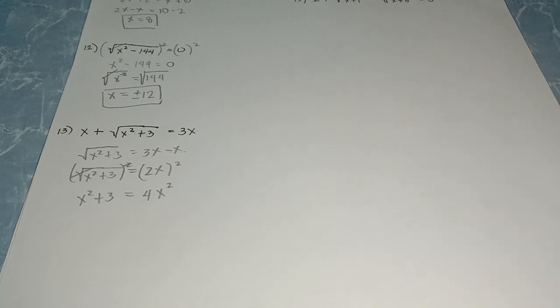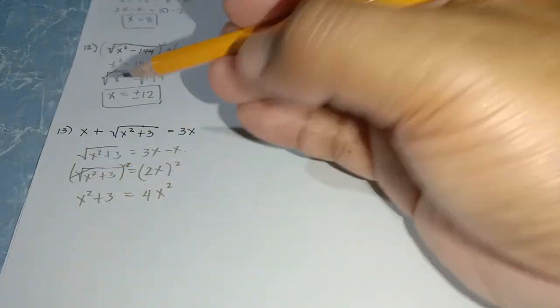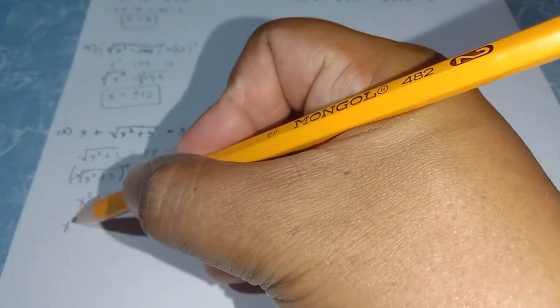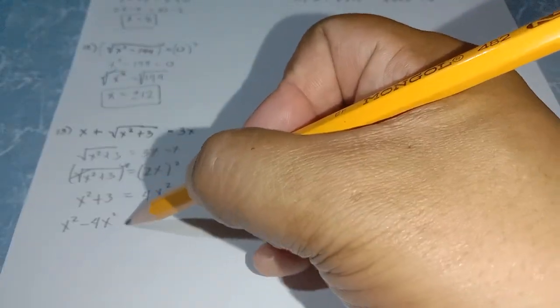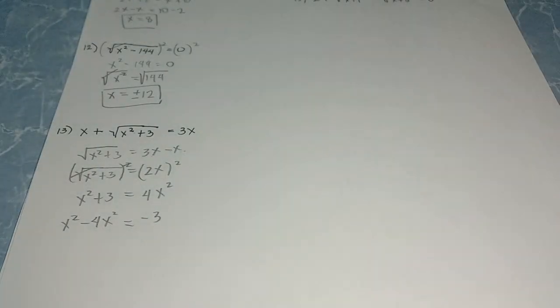So, kung makikita ninyo, ito ay squared and then ito ay squared. Ililipat ko lang siya. So, pagsasamahin ko again yung may variable. So, x squared, ililipat ko, minus 4x squared is equal to, ito naman ay magiging negative 3.